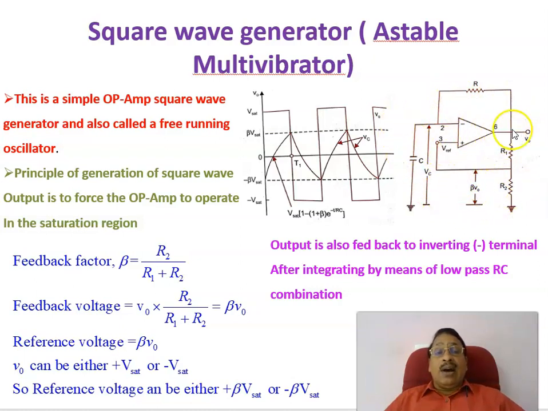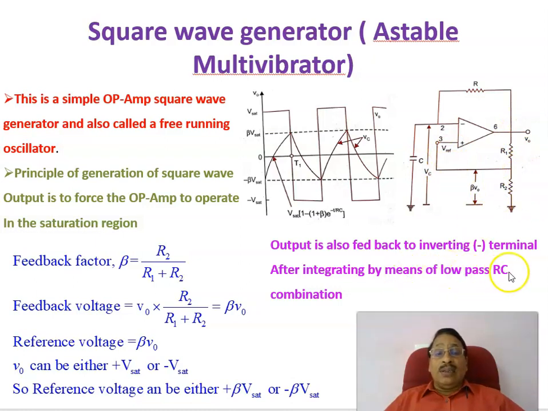The output will be either plus Vsat or minus Vsat, and it is fed back through a feedback network of two resistors R1 and R2, a potential divider, giving Vsat divided by R1 plus R2 into R2.